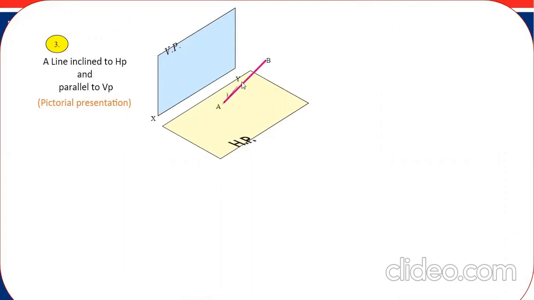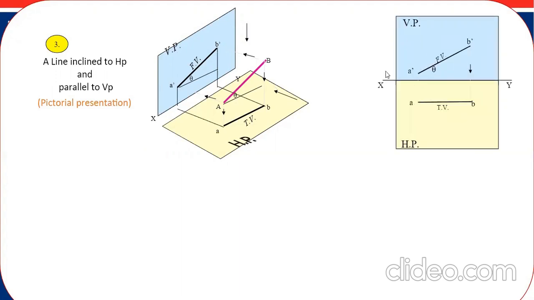Now the front view we get here on the vertical plane VP, and top view, a straight line here. This is the true length, A dash B dash is the true length. Then this is front and top. In the orthographic view, you can see on the vertical plane the actual length of line AB, and this is AB top view.